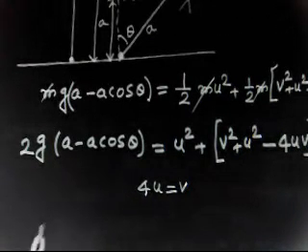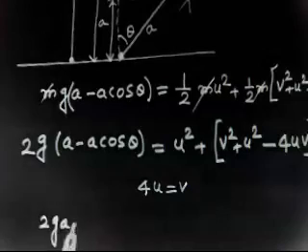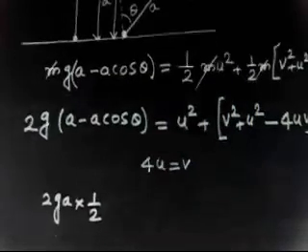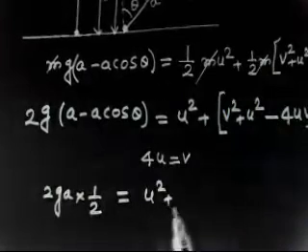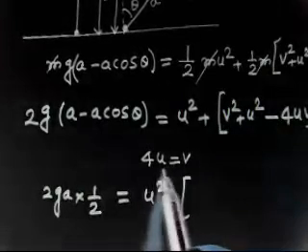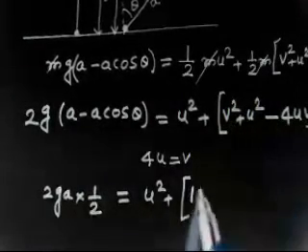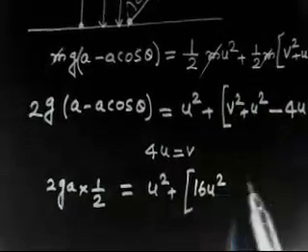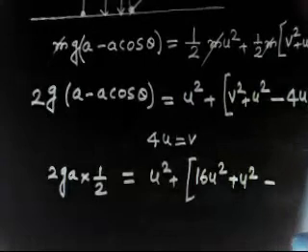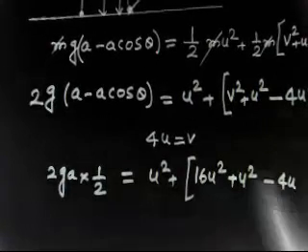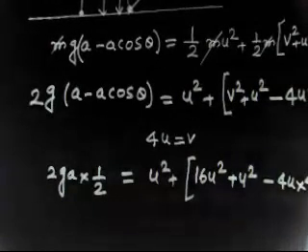So this will be simply 2gA into 1 by 2. I think you are able to understand. This is equal to u square plus v square, which will be 16u square, plus u square, and minus 2uv. So u is u and v is 4u.